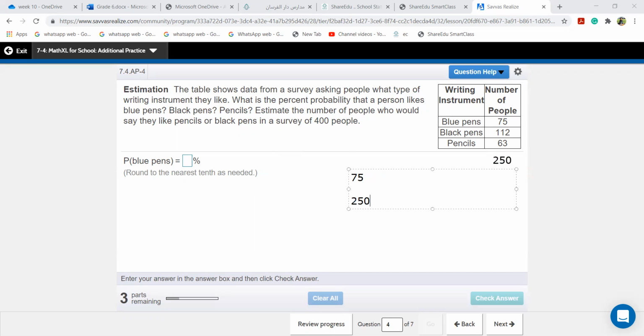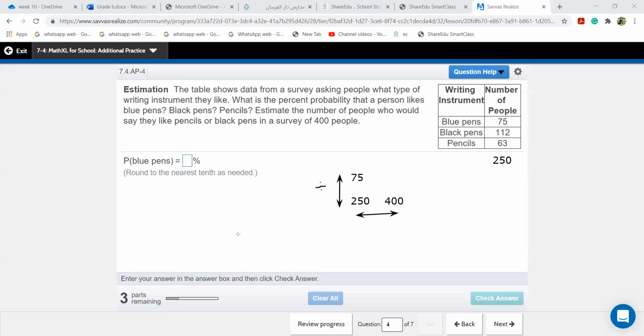Now, they ask you how much it will be when you have 400. So again, proportionality. This you are going to divide, and this you are going to multiply.